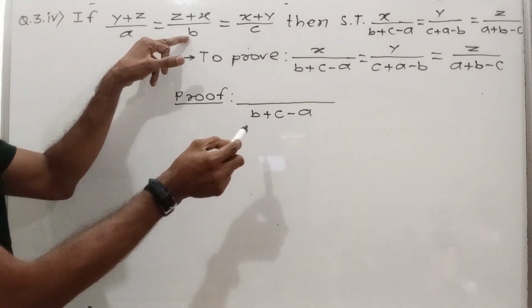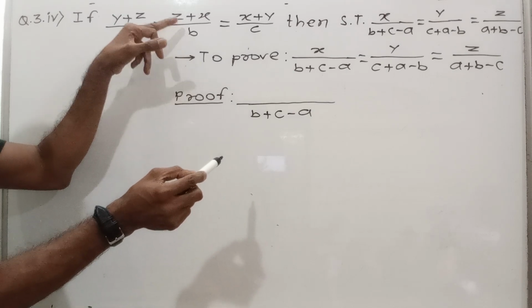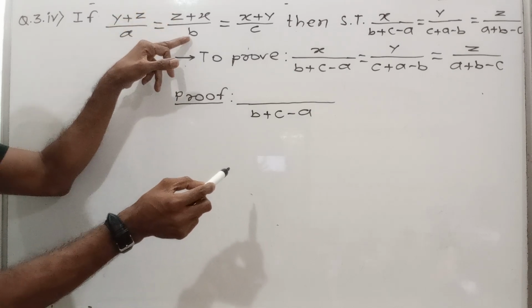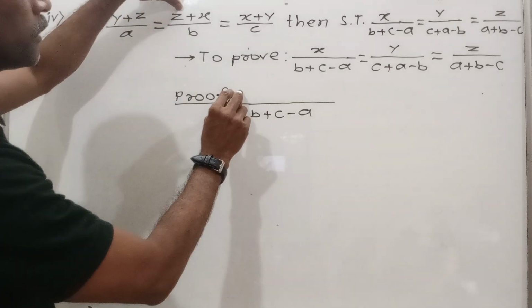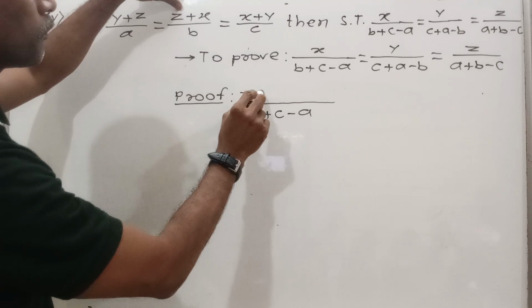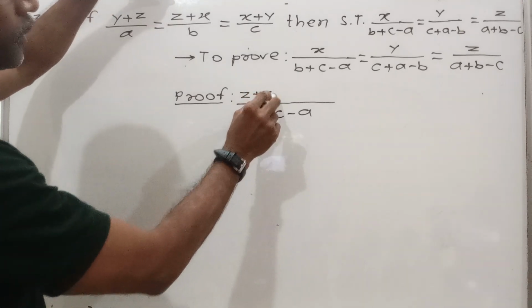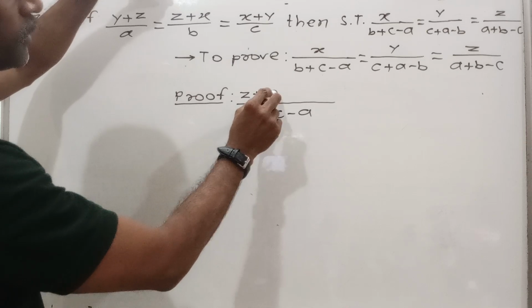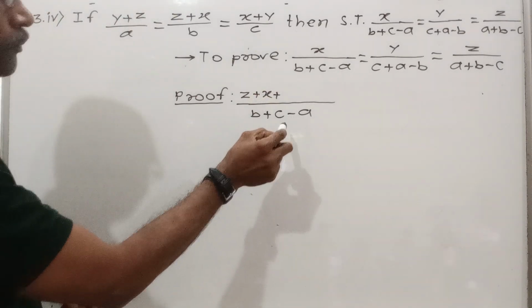This is denominator b. The numerator of this denominator b is z plus x. Then what is the sign after b? Plus.